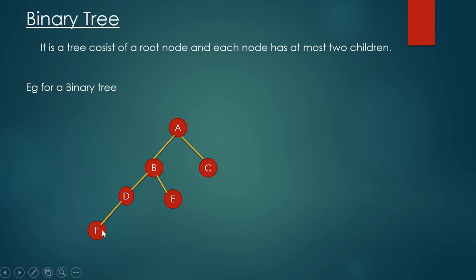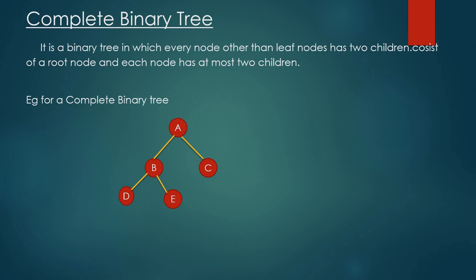This D is having 1 child, B is having 2 children, A is having 2 children, C is having no child. See, a leaf node has no child. Then in this tree, the maximum number of children is 2. So this is a binary tree.